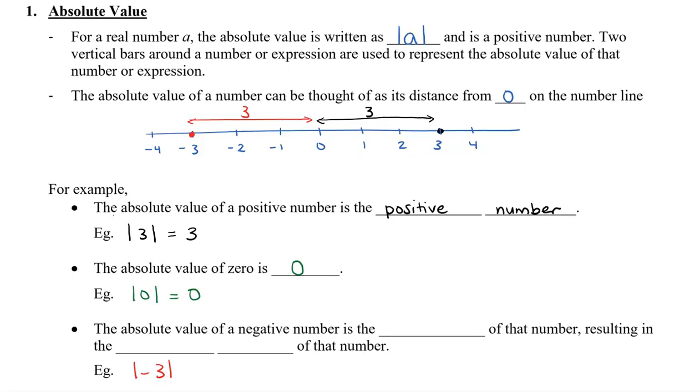Now what we can think of is the absolute value of a negative number is the negative of that number, and that results in the positive value of that number. So we can write the absolute value of negative 3 is equal to the negative of negative 3, which is why we get positive 3.